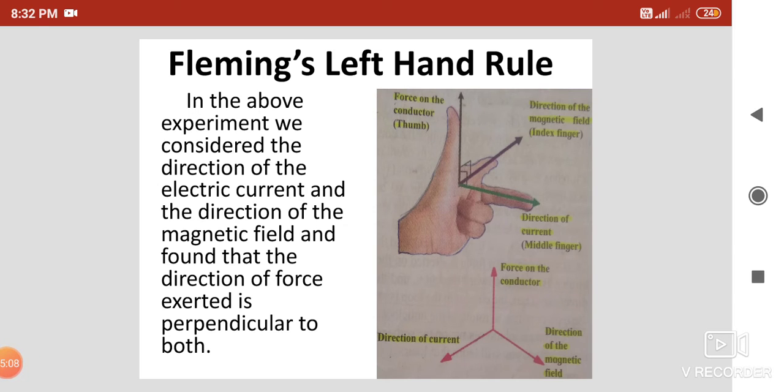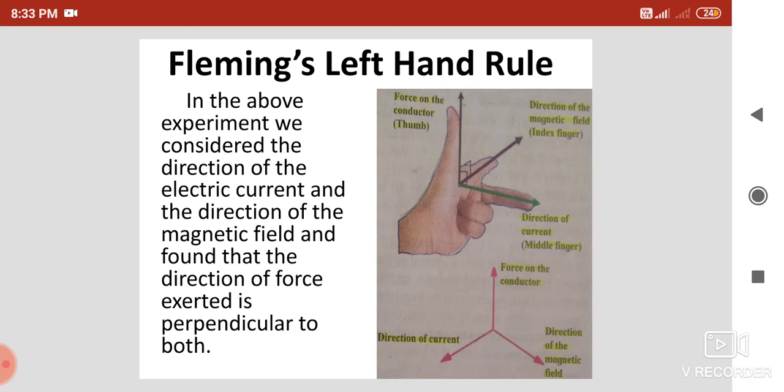Now you see the figure. In the above activity or experiment that we discussed, we considered the direction of electric current and the direction of magnetic field, and it is found that the direction of force exerted is perpendicular to both, that is, the direction of current and the magnetic field.